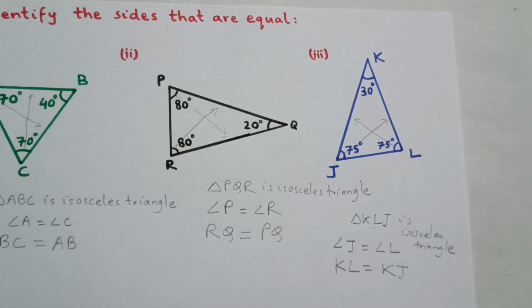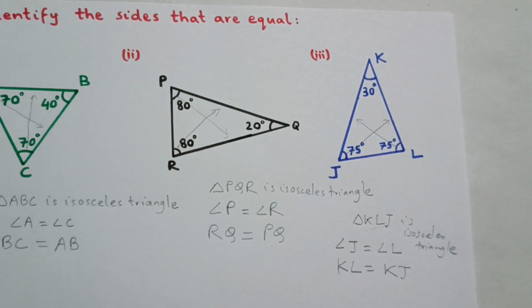This is how you will find out which of the two sides in an isosceles triangle are equal to each other. So if you know which of the two angles in an isosceles triangle are equal, you can find out which of the two sides of that isosceles triangle are going to be equal.